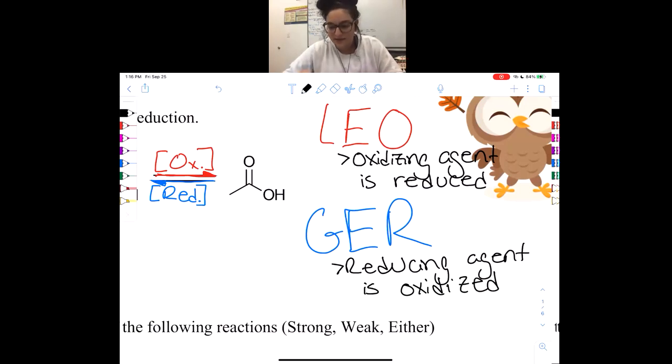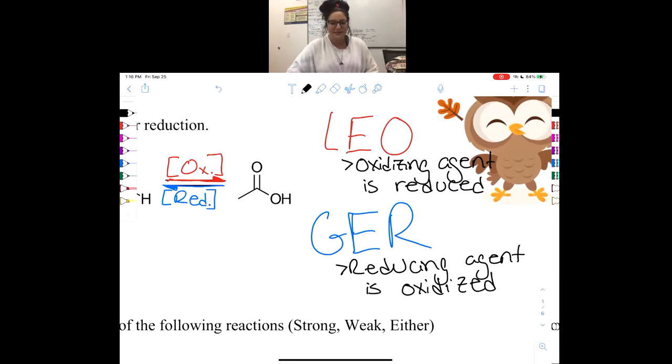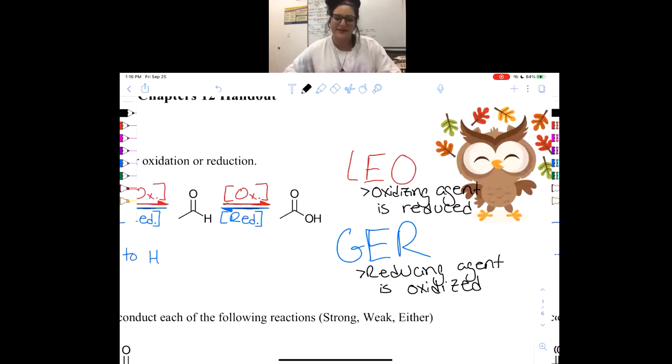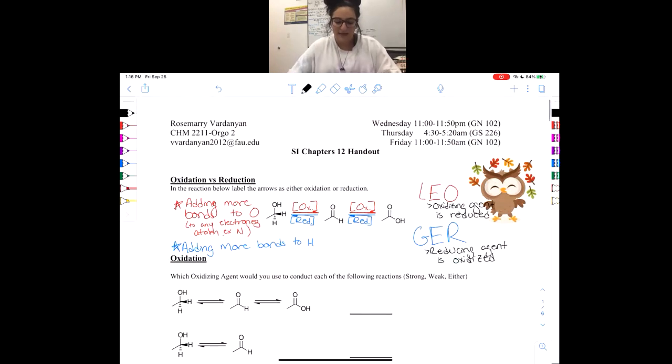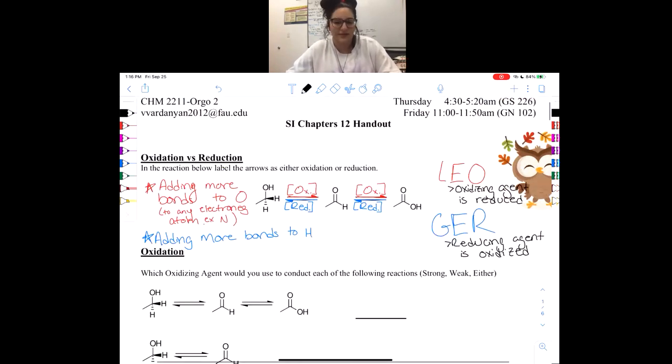It's not a super difficult concept. It's just something that I like to point out because sometimes the wording can become confusing. Any questions about the general information about oxidation and reduction?